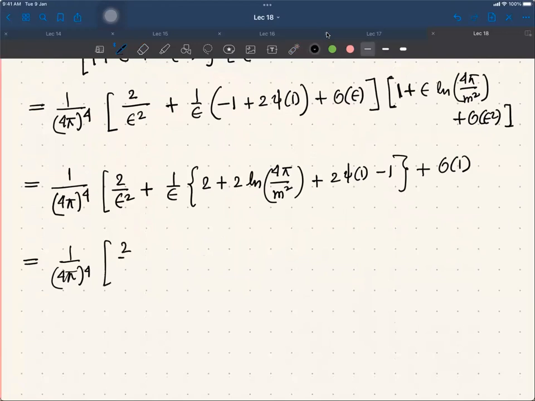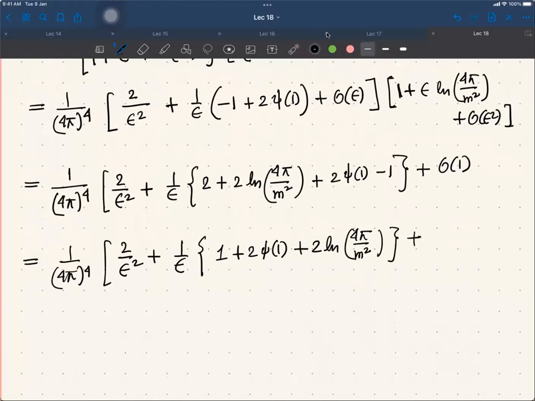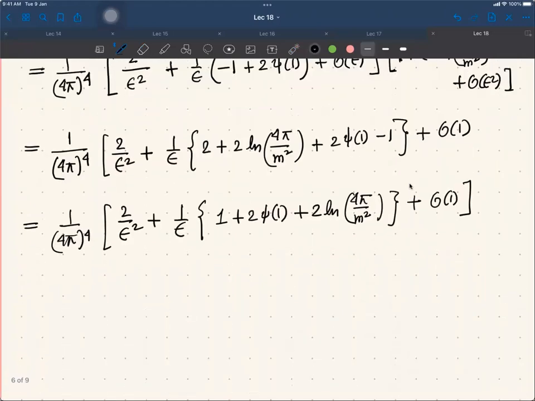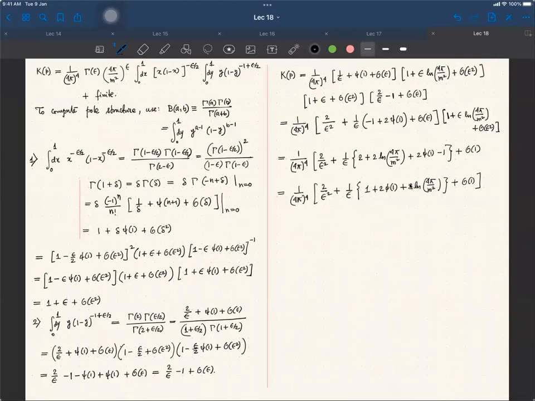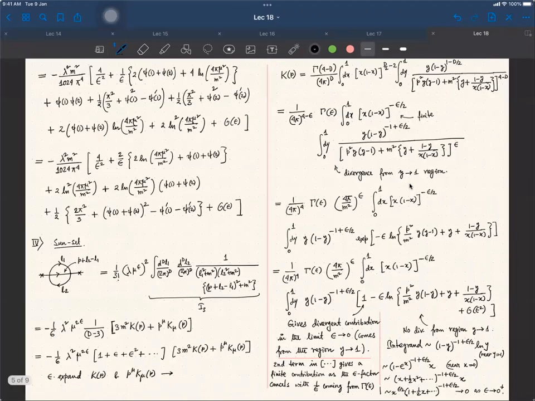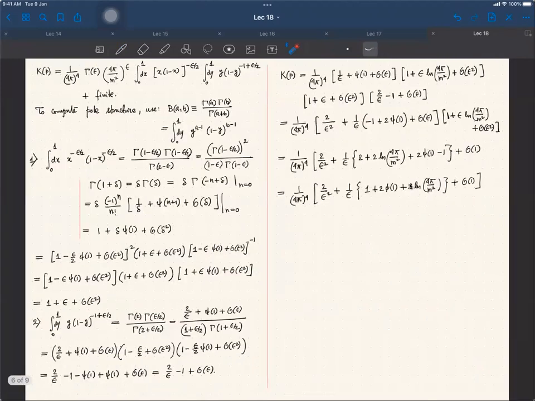So it is 2 by epsilon square plus 1 over epsilon times 1 plus 2 psi 1 plus 2 log 4 pi over m square. So I have done these two slides. This is the pole structure for Kp.